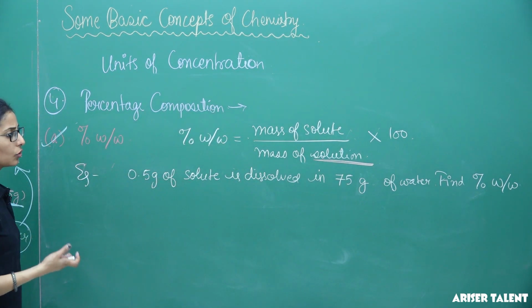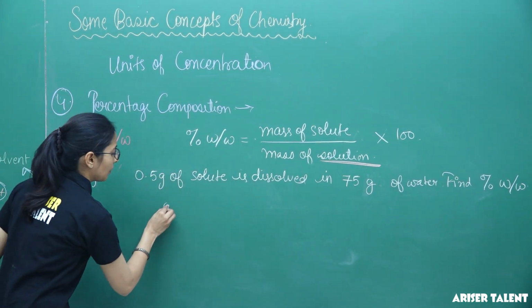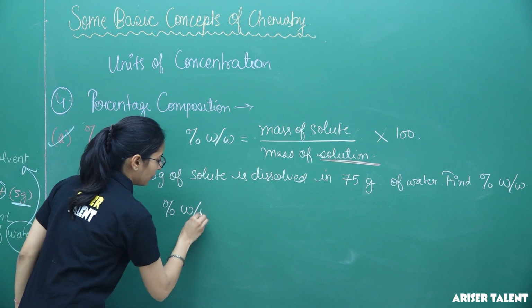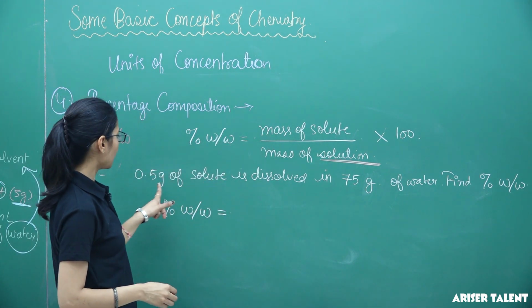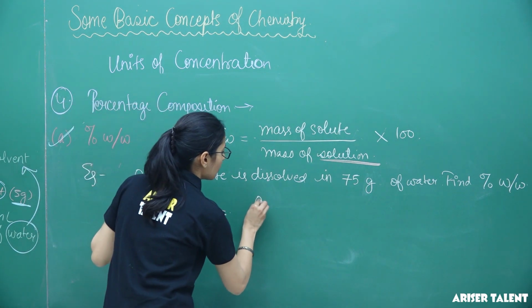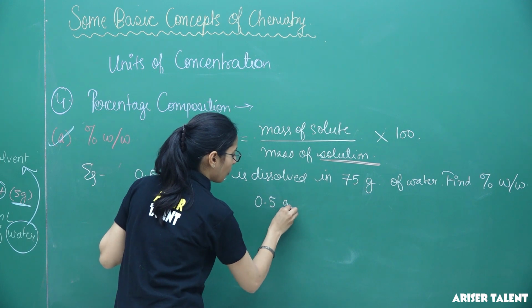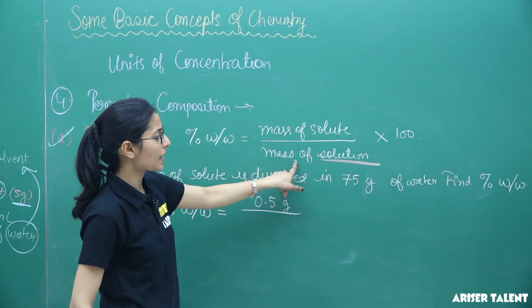Now, what you have to do is just substitute these values into the formula. So, the percent weight by weight will be how much? The mass of the solute is 0.5 gram, divided by the mass of the solution.